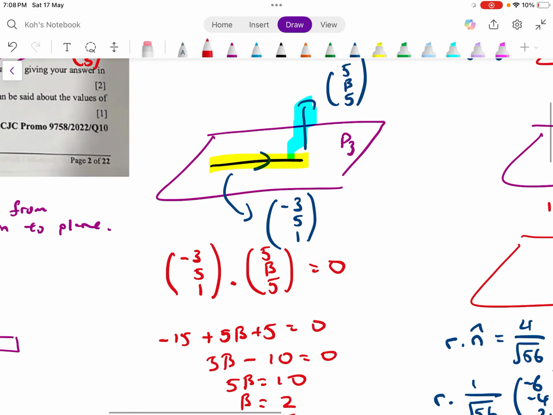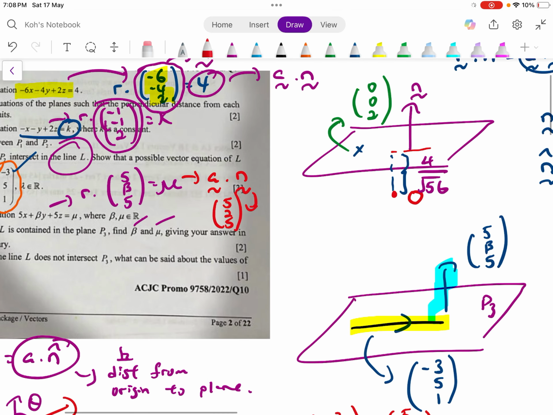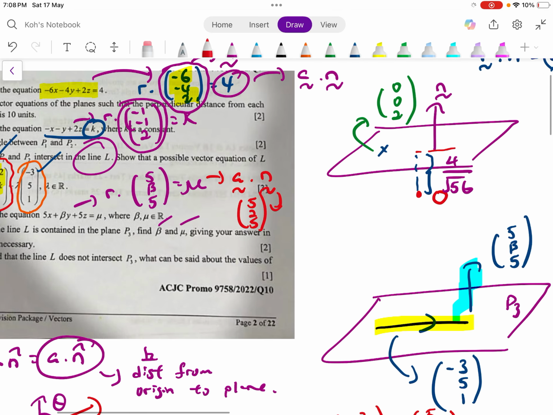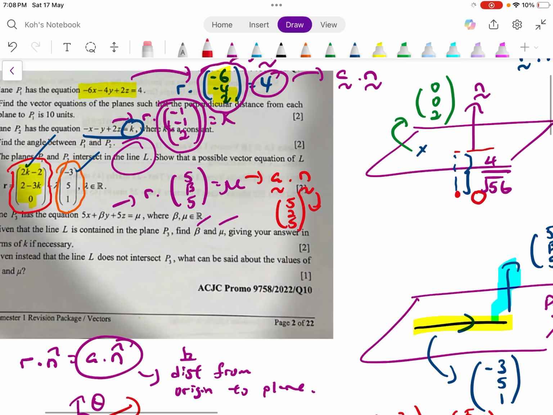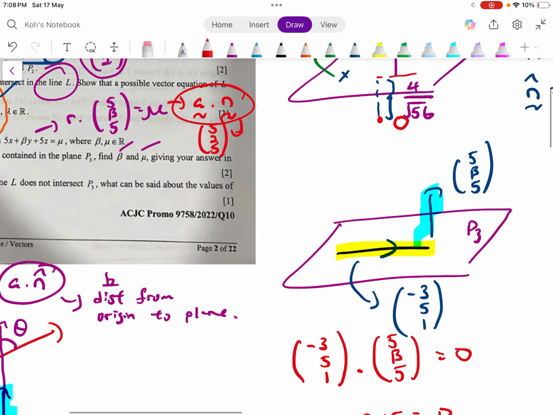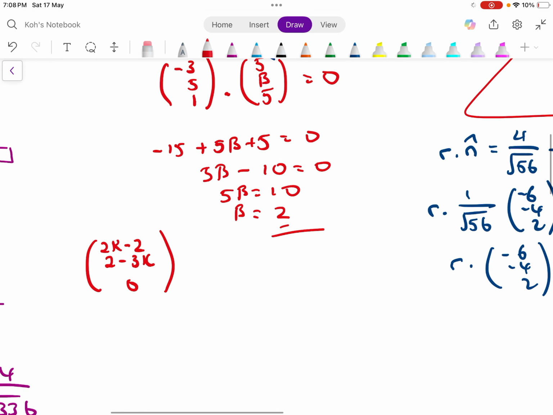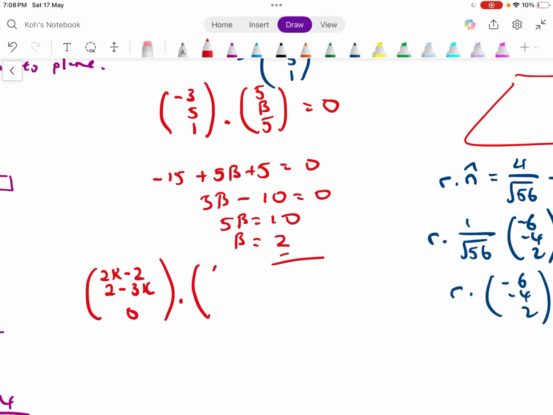So A dot n is mu. A dot 5, 2, 5 will give you mu. You just do the scalar product.